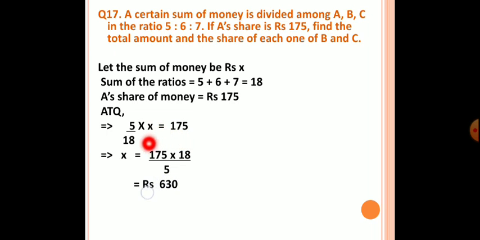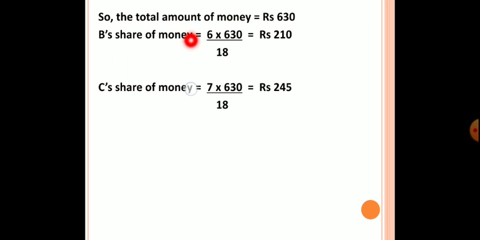Now we can find the value of X from this. Again 5 by 18 will go to the other side, so it will get divided. So X is equal to 175, the division will change into multiplication and the number will get reciprocated, so into 18 by 5. On further solving, we'll get the value of X to be rupees 630. Now let us find the share of B and C. The total amount of money is rupees 630.